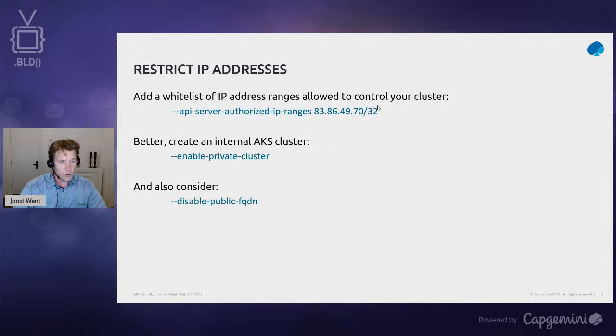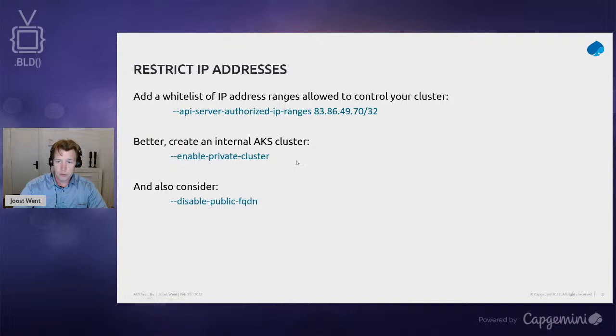And that means remote management can be dealt by your network administrator. For example, the network administrator can create an ExpressRoute to your network, or it can introduce a demilitarized zone with stepping stone. He can help you, and then you can really fine-grain your control to the API server.